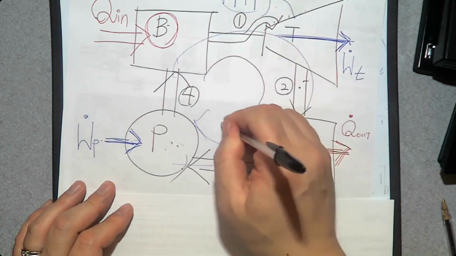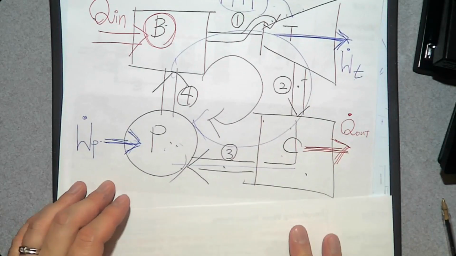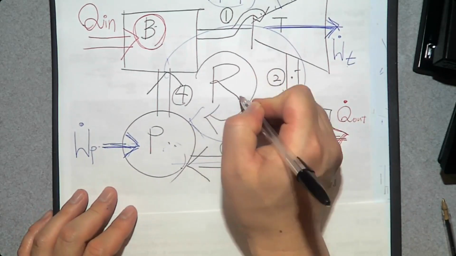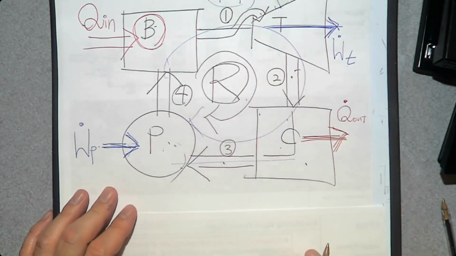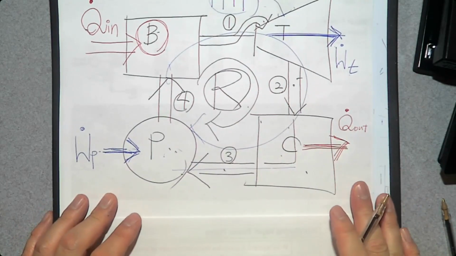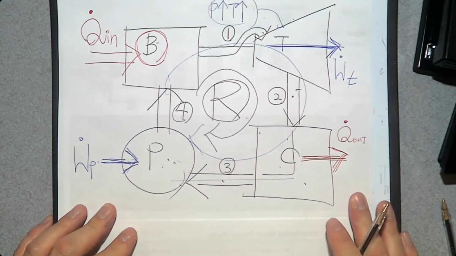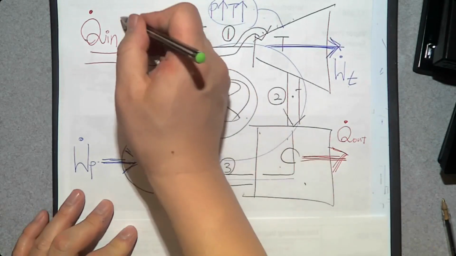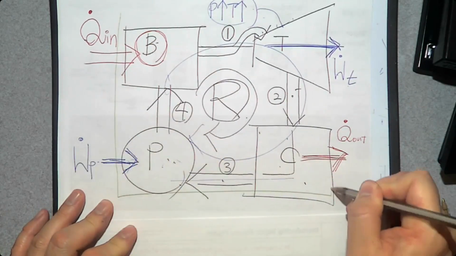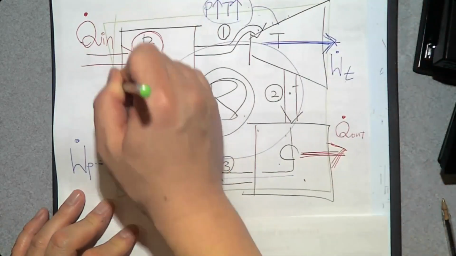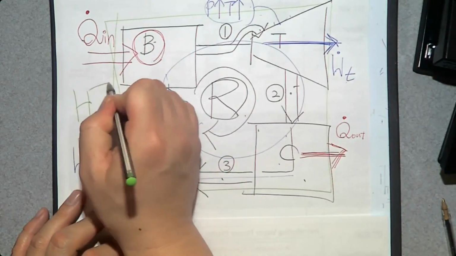This cycle is called the Rankine cycle, R. That's the Rankine cycle. And this whole thing can be considered as a heat engine.